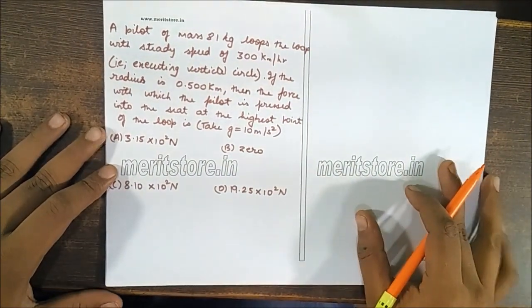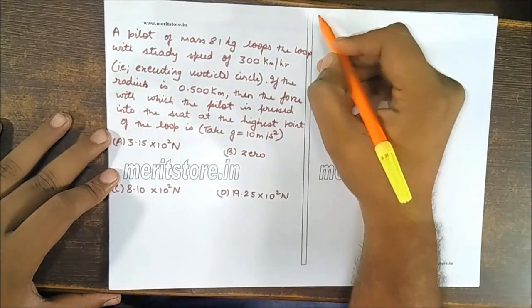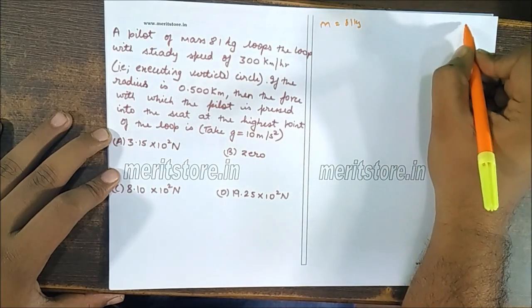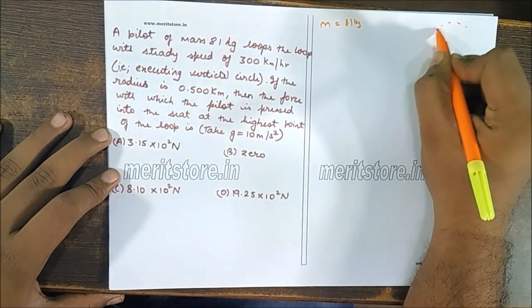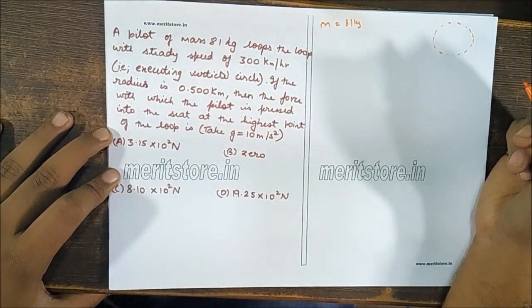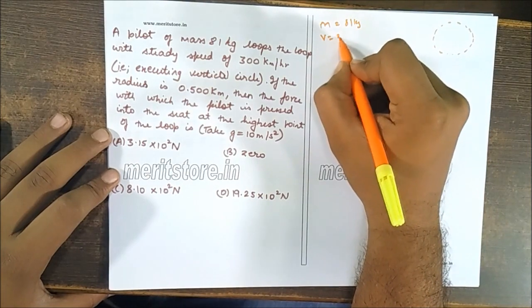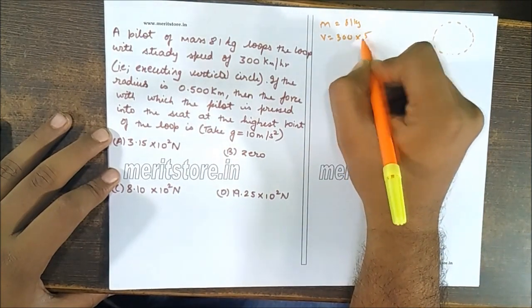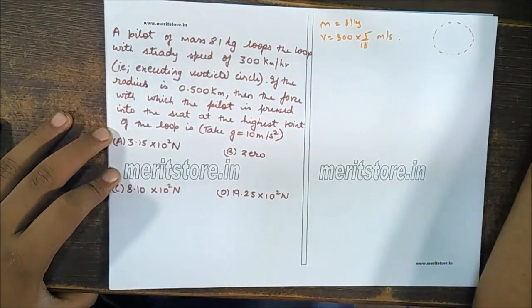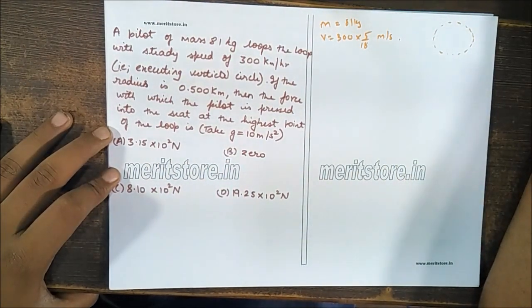The next question is, a pilot of mass 81 kg, so we have mass as 81 kg, loops a loop, so that is performing vertical circular motion with a steady speed of 300 kilometers per hour. We have speed as 300 into 5 by 18 meter per second. That is executing a vertical circle.